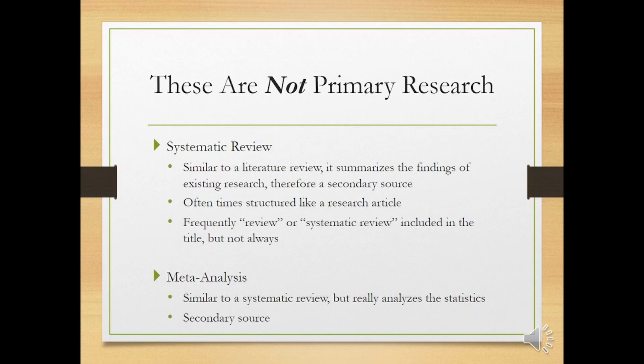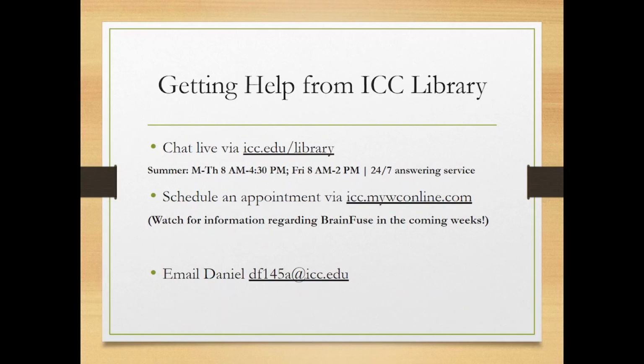And that's typically the last step in scientific research to verify the efficacy of a particular treatment or intervention. So it would be considered primary research. I just don't have a slide for that here.